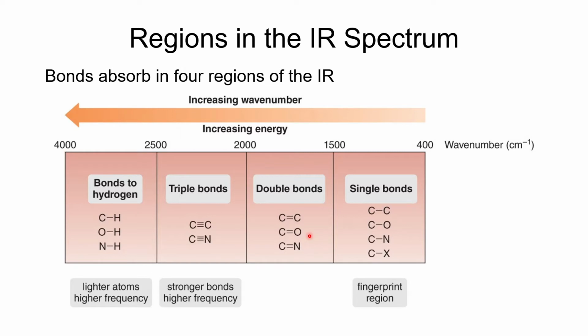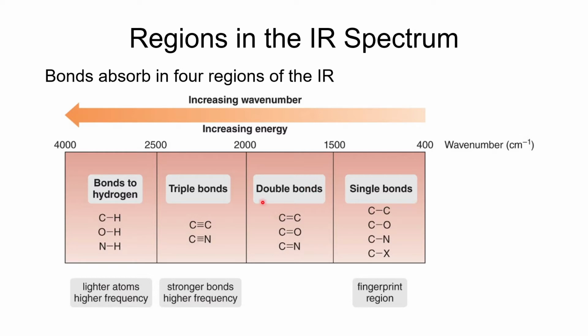All right, so let's look at the regions of the infrared spectrum. We're going to break down the functional group region into three sections. Again, the fingerprint region mostly gives us single bonds, but because there are so many single bonds and we get some bending interactions over here, we don't typically try to identify these.